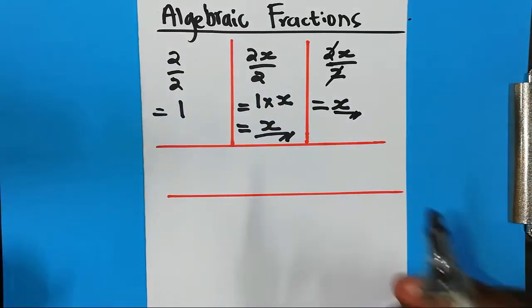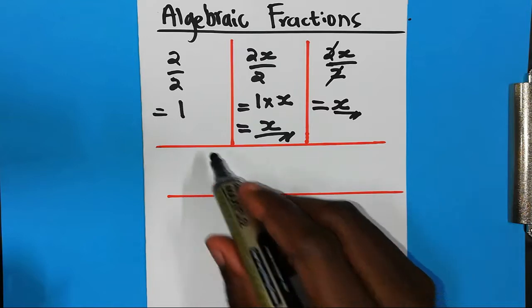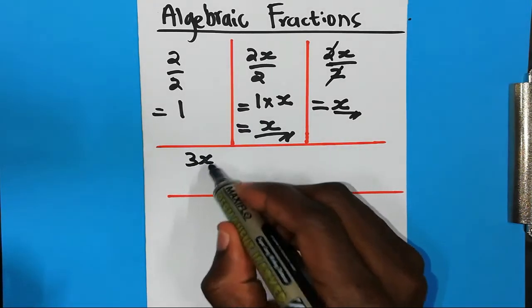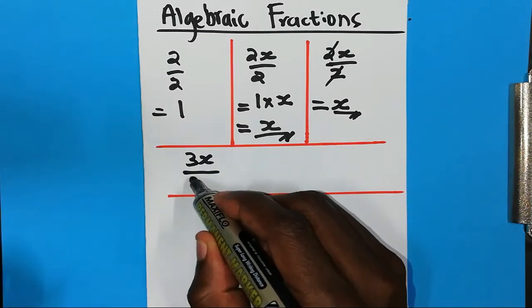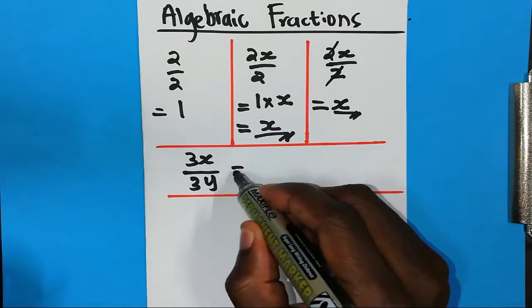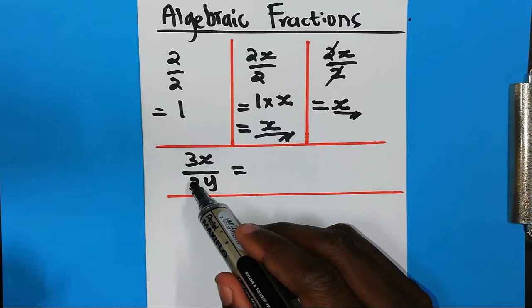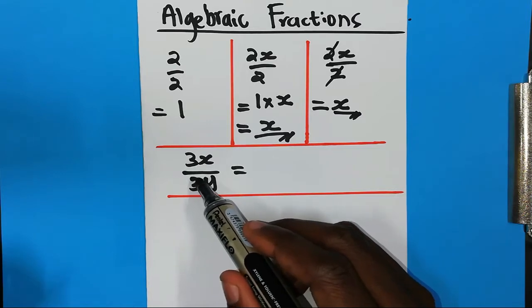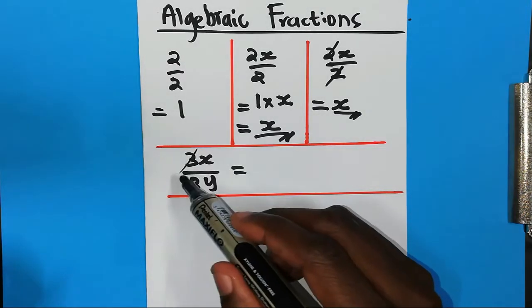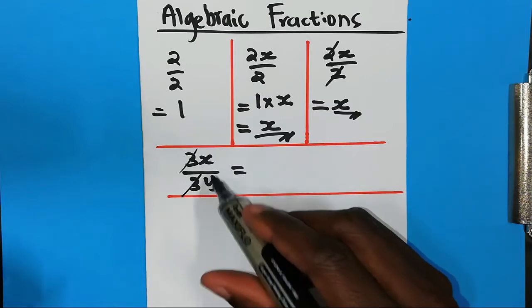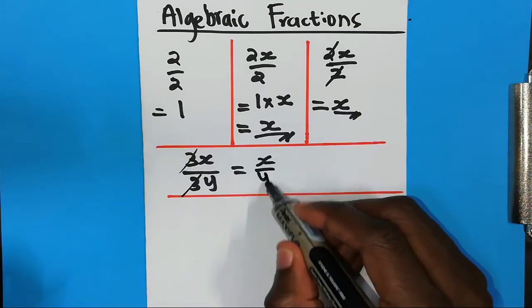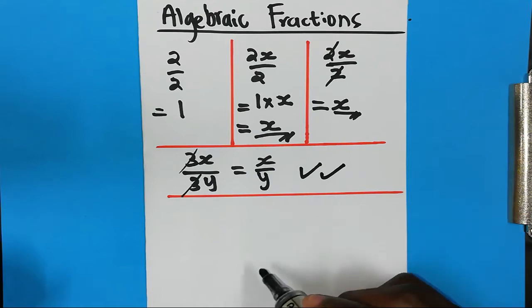Now, let's use an example. Let's say you have 3x over 3y. Since the 3 is the same as the 3 in the denominator, what you can do is just cancel these 2. 3 will cancel 3. Then you'll be left with x over y. All right, that is your answer.